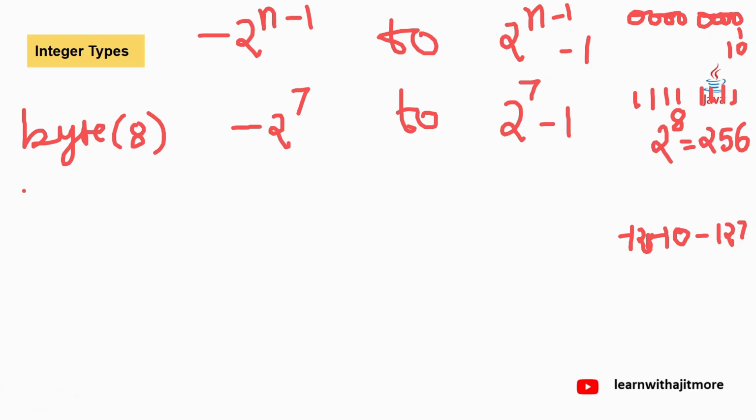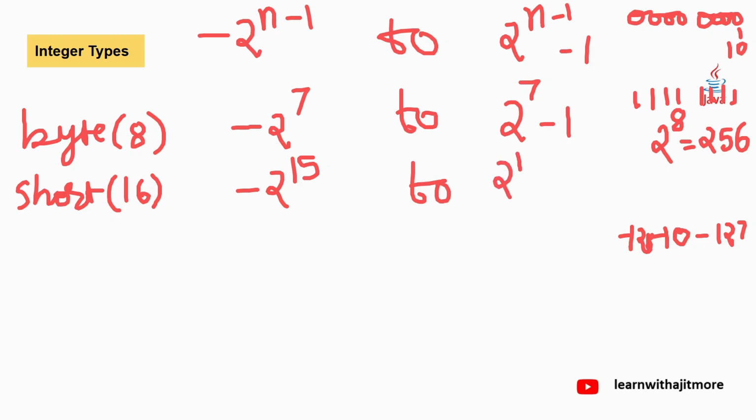Now similarly we can write for short. Next is the short data type. Short will take 16 bit. So 16 bit means minus 2 raised to 15, because n is 16, to 2 raised to 15 minus 1. So 2 raised to 16 makes out 64,000.